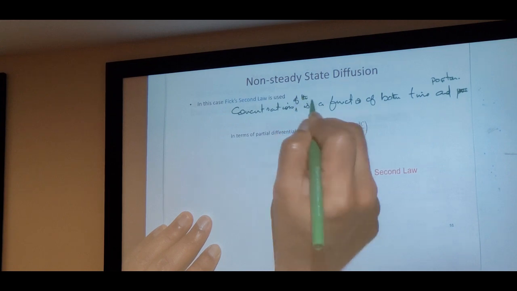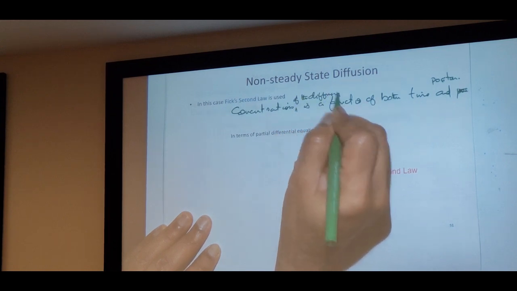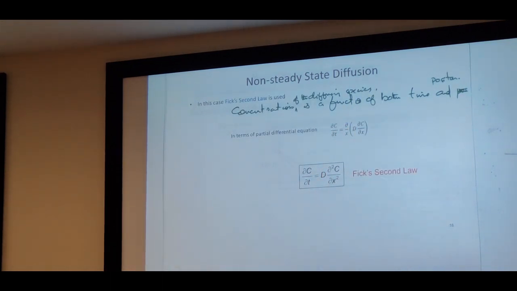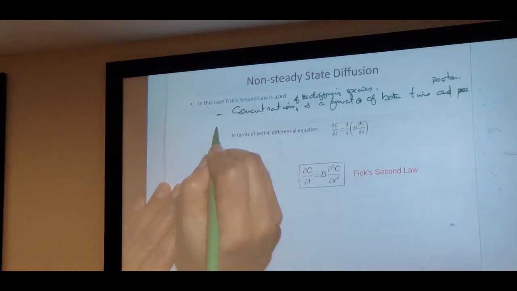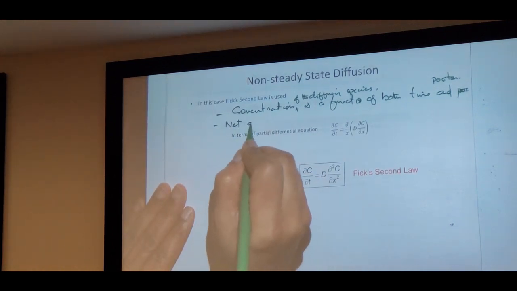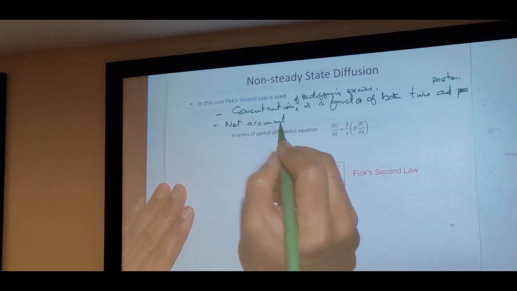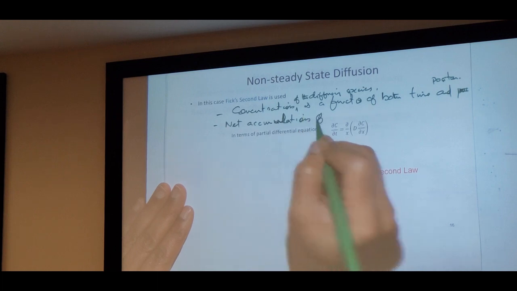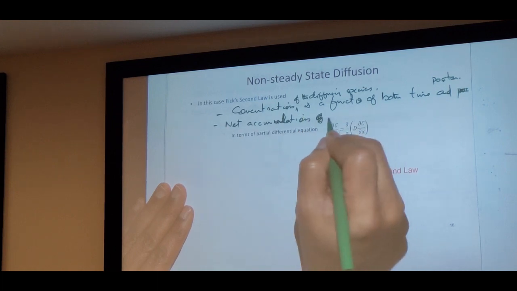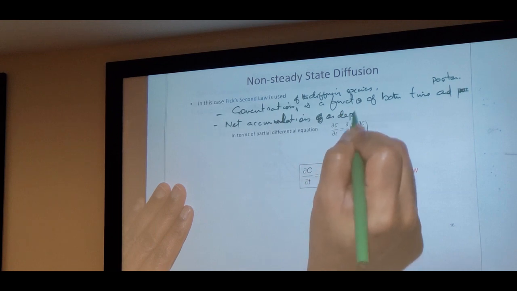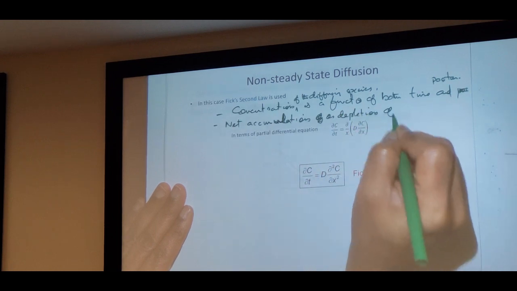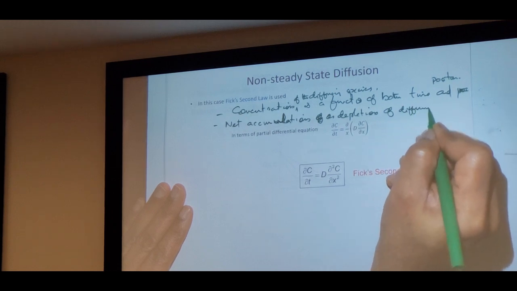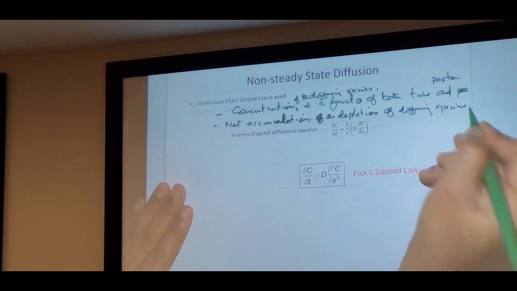There is net accumulation or depletion of diffusing species at different locations.